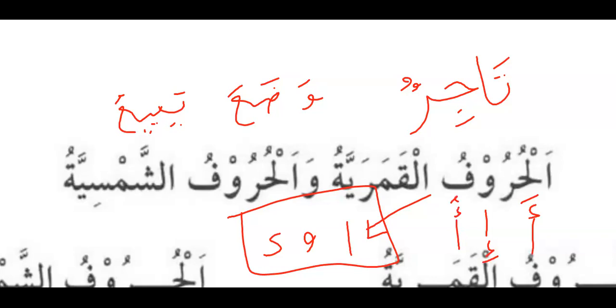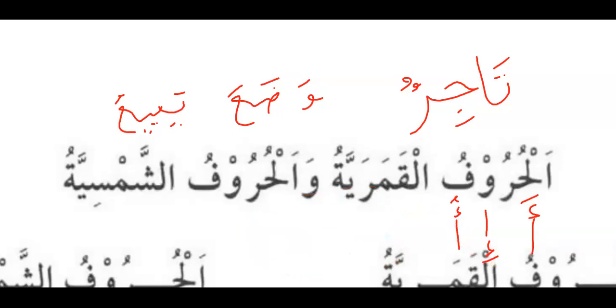The source of the error of calling this alif fatha, alif kasra, alif dhamma is that hamza is usually written at the beginning, on top of alif or at the bottom of alif.